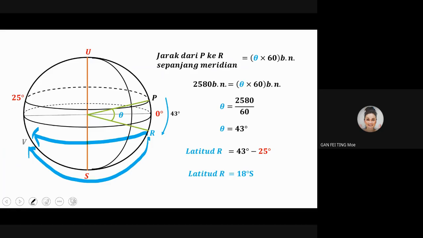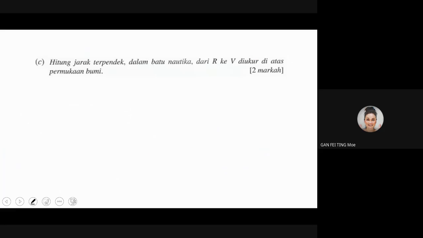And one is to follow the great circle. And remember, the question wanted you to evaluate the shortest distance, and the shortest distance is through the great circle.